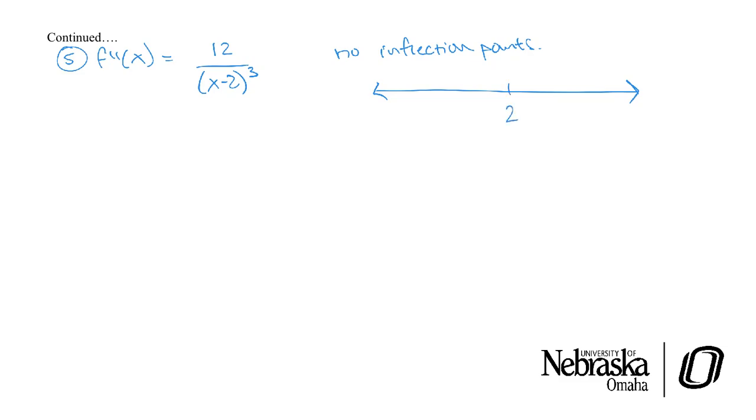So we're going to check 2, and we get negative values and positive. So that means our concavity is changing. Even though our slope is always negative, the concavity is changing. So we're concave down from negative infinity to 2, and concave up from 2 to infinity.